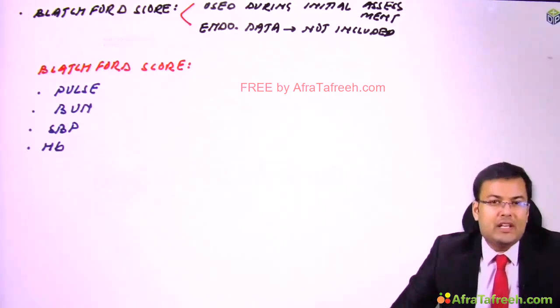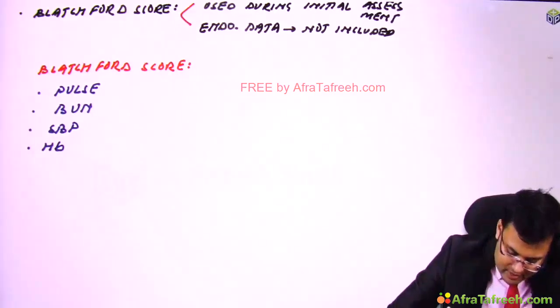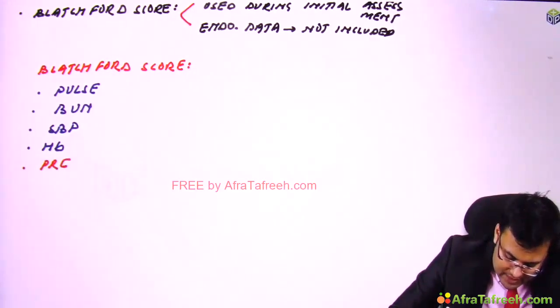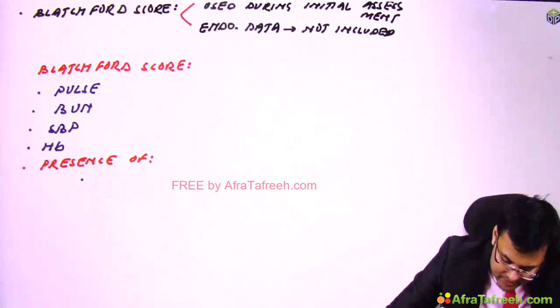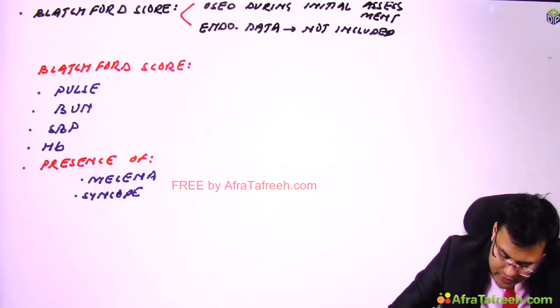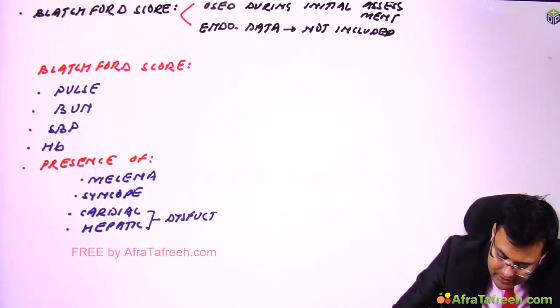Pulse, blood urea nitrogen, systolic blood pressure, and hemoglobin, with other parameters being presence of melena, syncope, cardiac or hepatic dysfunction.